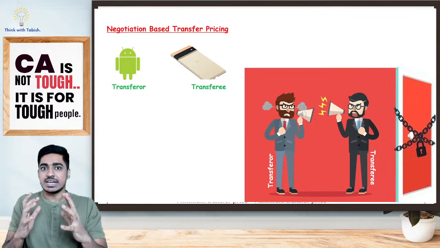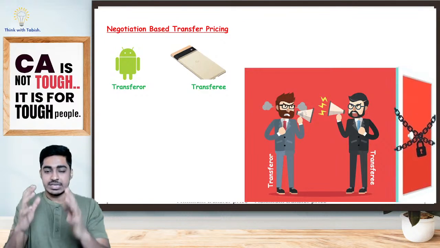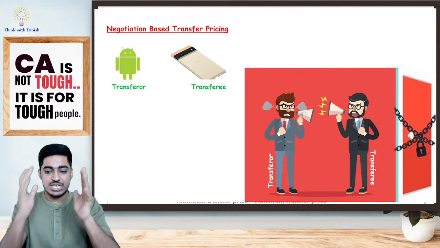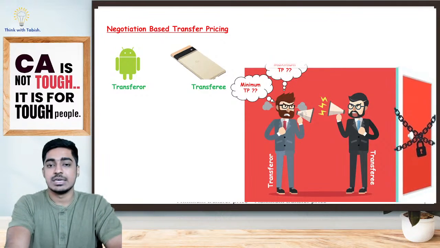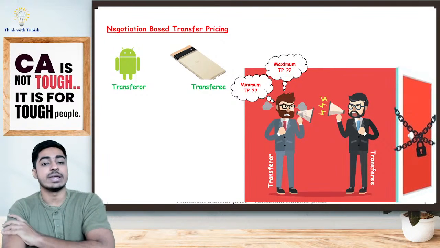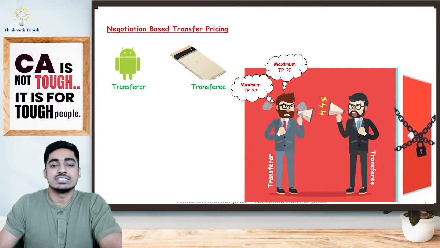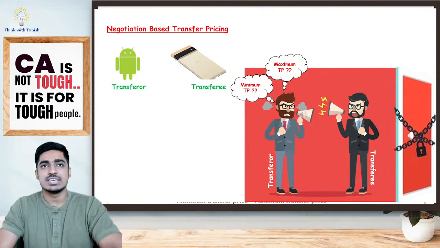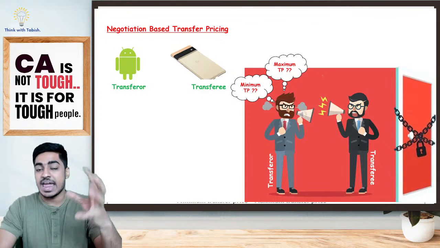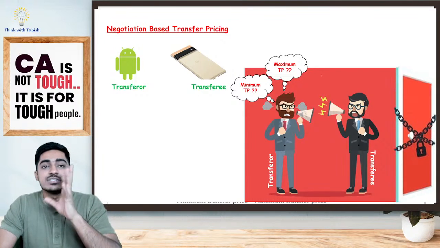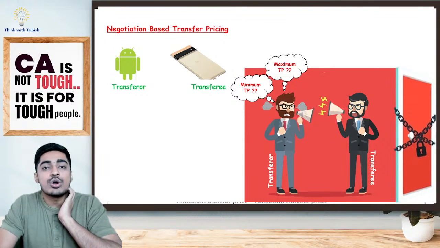Now, the transferor, Android, who is selling the goods, is getting ready. I'm selling the goods, I'm getting ready. In a range, what should I keep in mind? What should be the minimum transfer price? To manufacture this, to give one license, what all cost am I incurring?